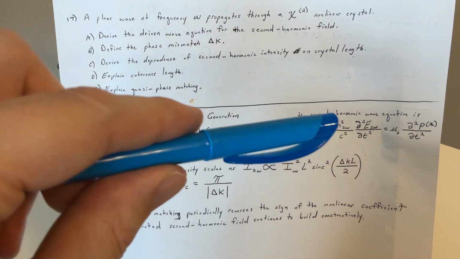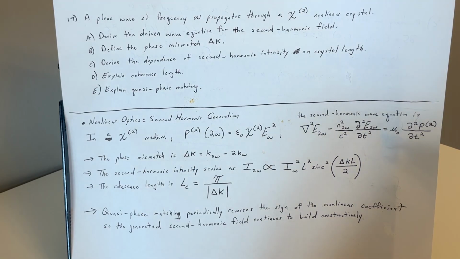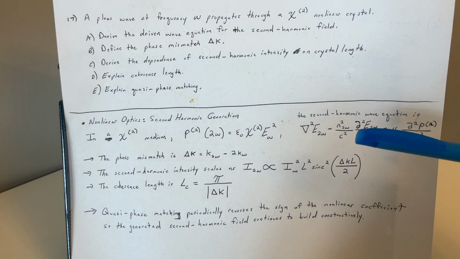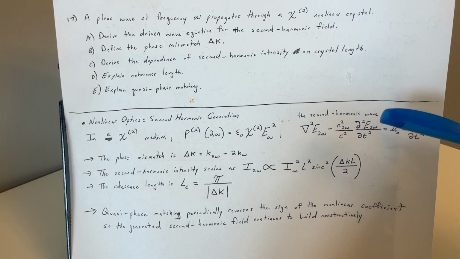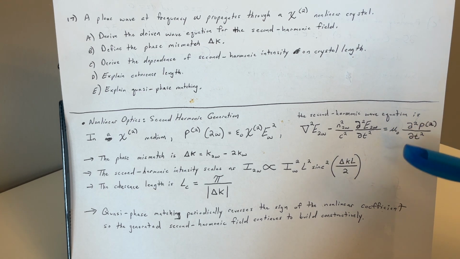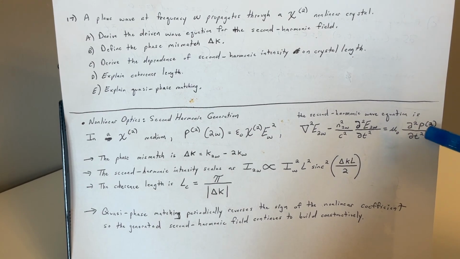The second harmonic wave equation is this: del squared E sub 2 omega minus n squared sub 2 omega over c squared, second derivative of E sub 2 omega with respect to t, equals mu naught times the second derivative of P2 with respect to time.